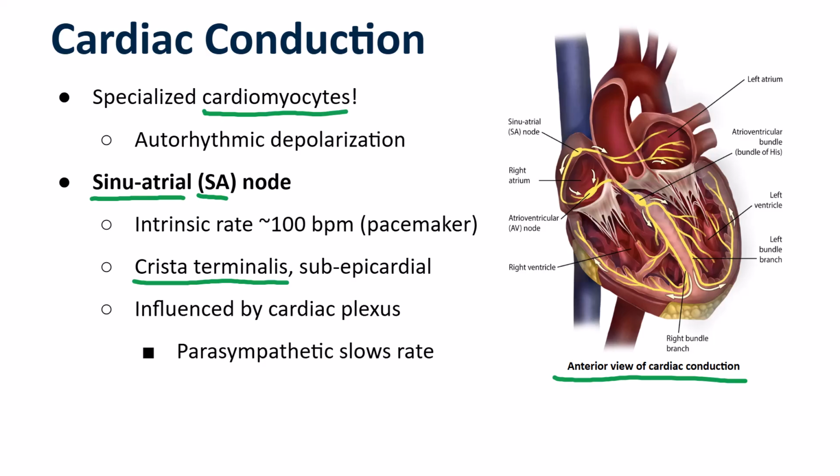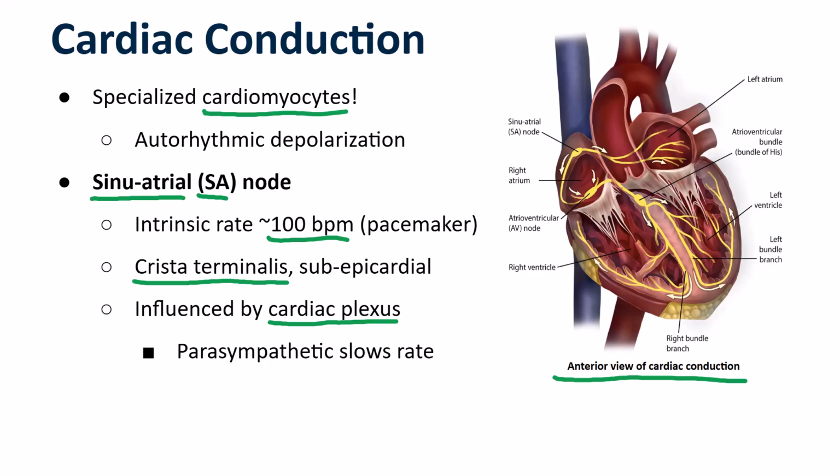Now, most people don't typically have a resting heart rate of 100 beats per minute. That's pretty high. And so we'll know off the bat that the SA node can be influenced extrinsically, specifically by the autonomic nervous system, organized into two parts that collectively we would refer to as the cardiac plexus.